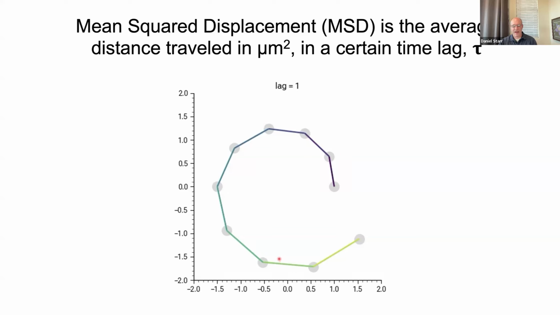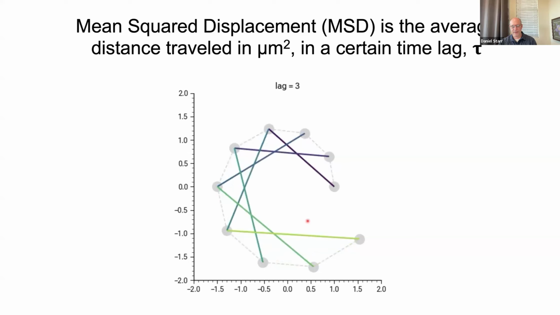You take the mean of all these distances with a time lag of 1, and that mean of the squared movements here is the MSD at lag equals 1. Then you can do this at other times. Like here at lag 3, you take a spot from 1 to 4. How far did it move from 1 to 4? How far did it move from 2 to 5, 3 to 6, and so on? Take the average of that. That's the mean squared displacement at lag 3.